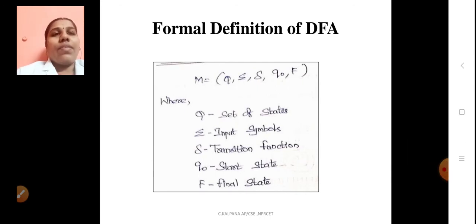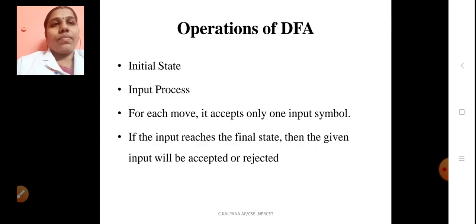Where Q is the set of states, sigma is the input symbol, which may be letters, numbers, or any special characters. Delta is the transition function, it indicates the movement from one state to another state. q0 is taken as the start state and F is taken as the final state.